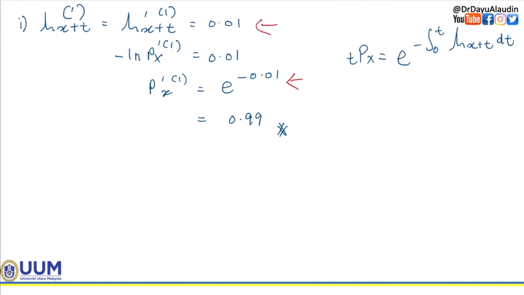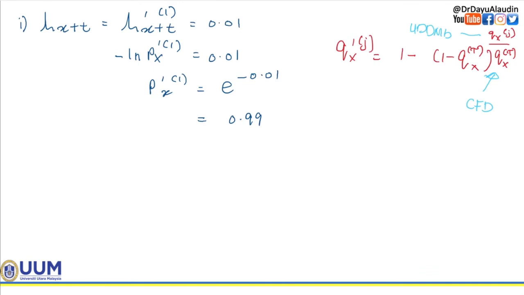Since it is constant, we just substitute inside. So to find qxj prime, we have to use this formula. Qx1 without the prime is equal to 1 minus px1. So we get this one. So we substitute from here.